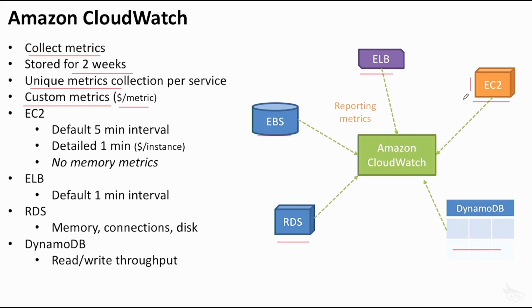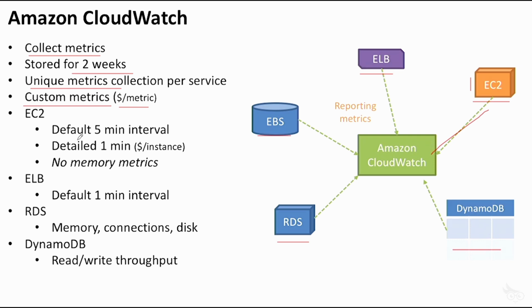So you could write an application that would regularly monitor and count the number of PHP processes that are running, and then report those to Amazon CloudWatch as a custom metric. And then from there, you could create alarms and different things from that custom metric. You could have application level metrics as well if you wanted to.